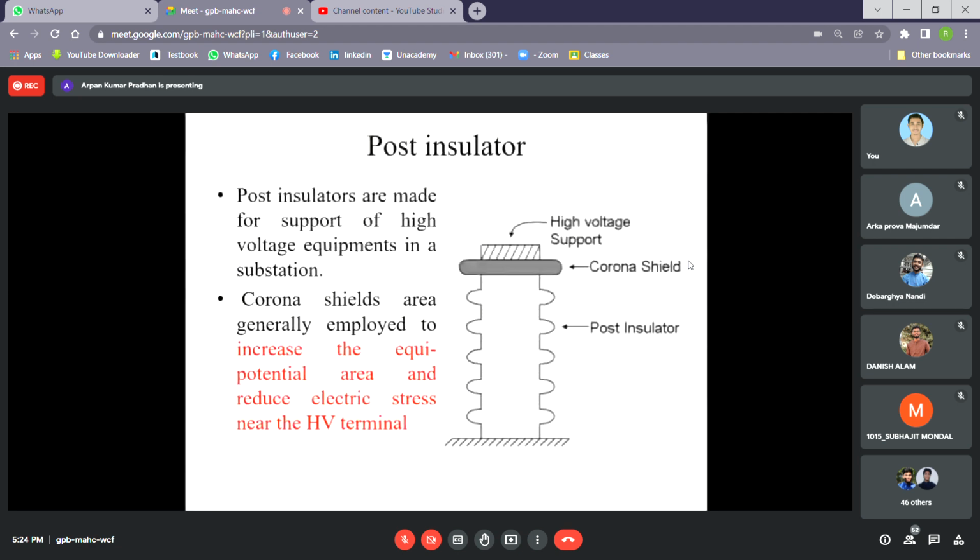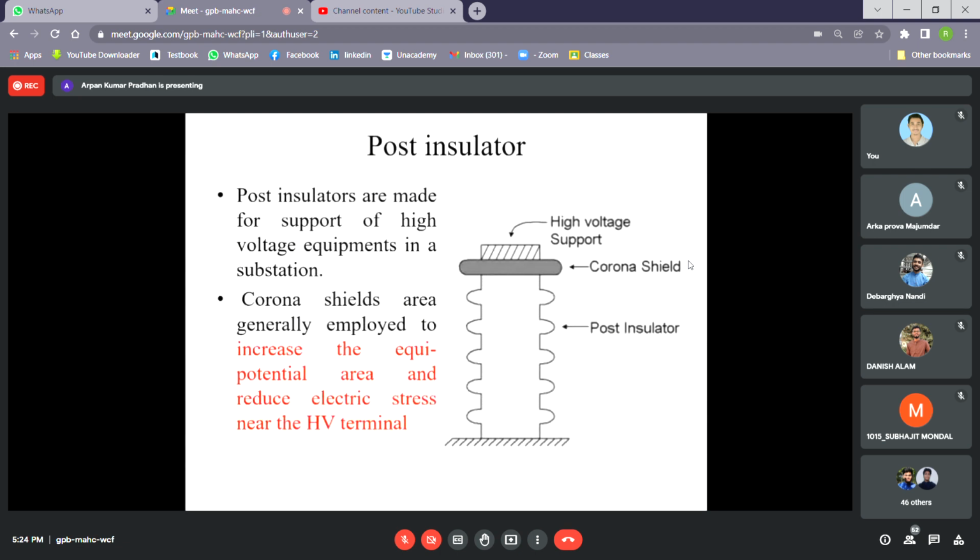In case of post insulator, as you can see in the figure, there is a surface, and the electric field intensity at that surface is quite high. That can result in a breakdown of air between the upper portion of the instrument and the ground. So in order to avoid that, we use a corona shield.